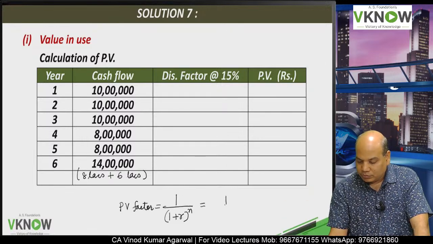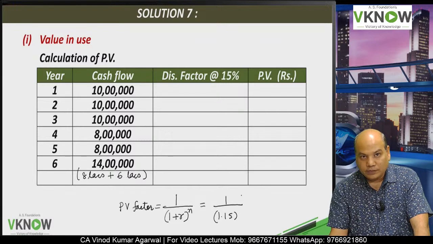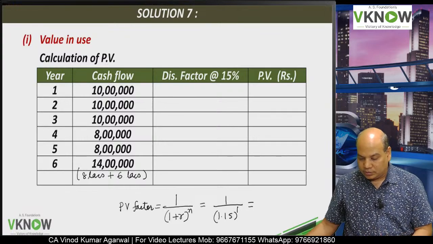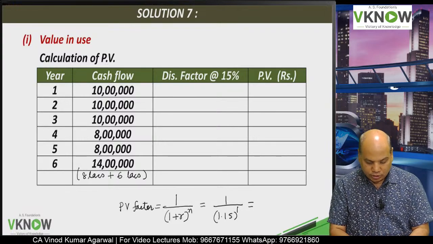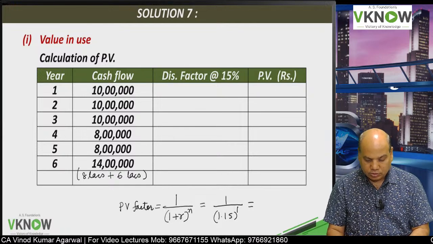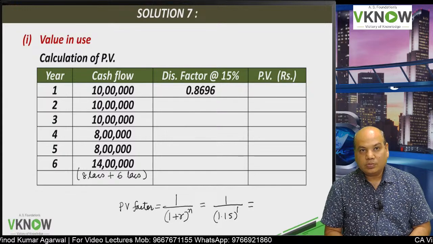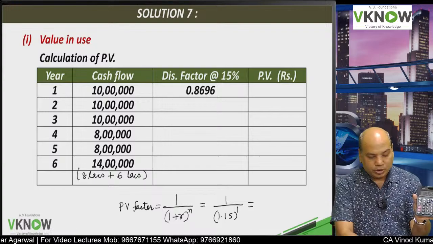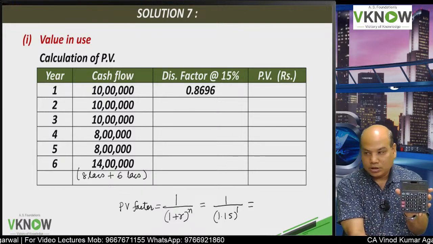For example, for year 1, 1 divided by 1.15 equal to, so you write down 0.8696. Okay, can you see 0.8696 on this calculator?